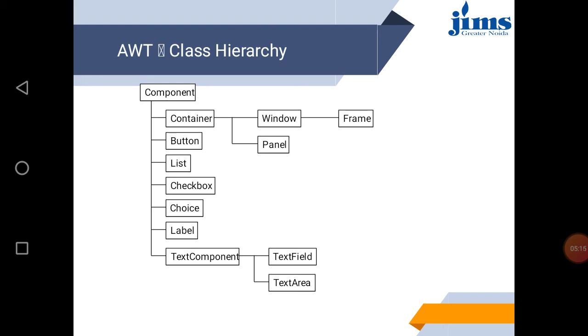And what happens in a container? In a container, we add different components, and there are different types of containers. Like we use window container, frame container, panel container, and different components we can use while creating a window.